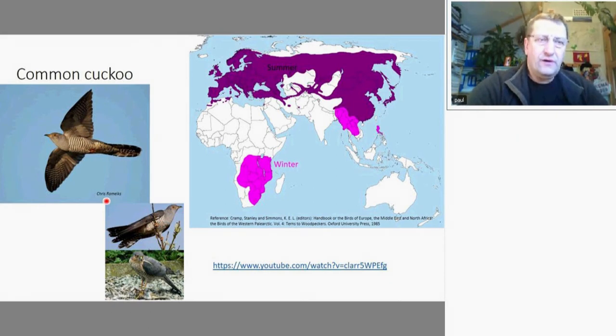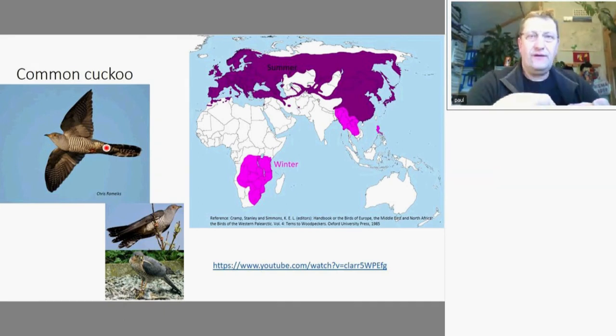Most of the cuckoo family are birds that are parasites. Not all of the cuckoo family are parasitic birds, but we call them parasite birds because they find the nest of other birds and put their egg, one egg, into the nest.